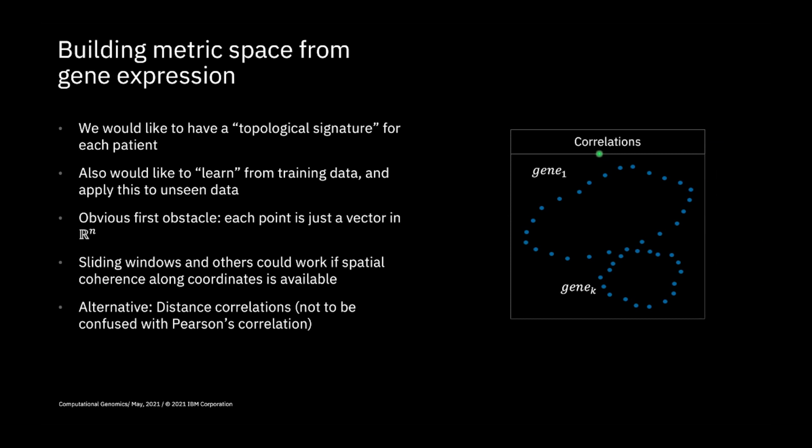So the idea that we were working with was to have a sort of topological signature for each patient, right? And we wanted to make it so that we would be able to use a workflow like in machine learning, which would be, you train first, and then you predict on unseen data, right?